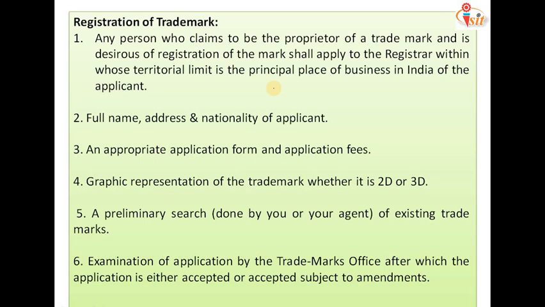Any person who claims to be the proprietor of a trademark and is desirous of registering the mark shall apply to the Registrar within whose territorial limits the principal place of business in India of the applicant falls. So the proprietor or owner of the trademark who desires to register it can make an application to the Registrar within his territorial limit.